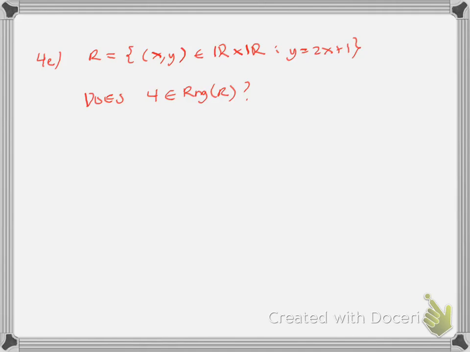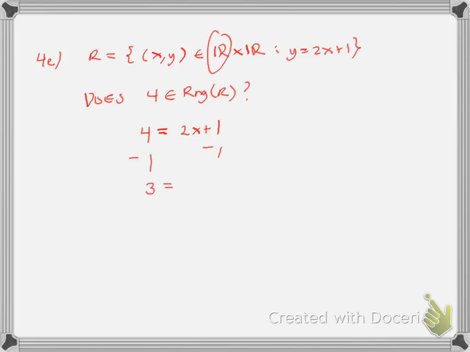The domain is all reals. But in case you're not convinced, remember it's your y value that we're looking at. So does there exist an x that will give you an output of 4 in the reals? Because the x values come from the reals.